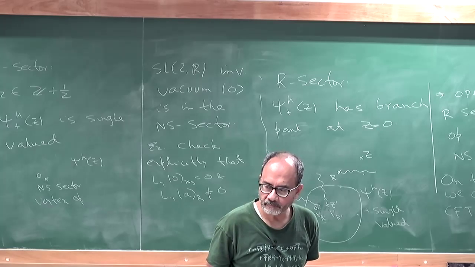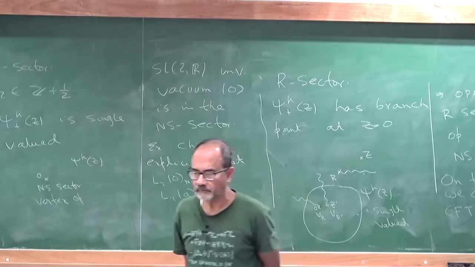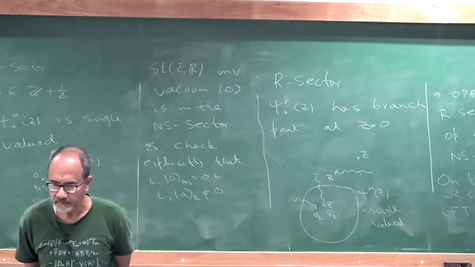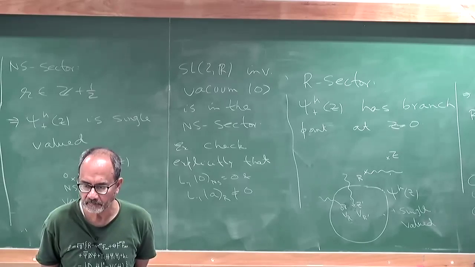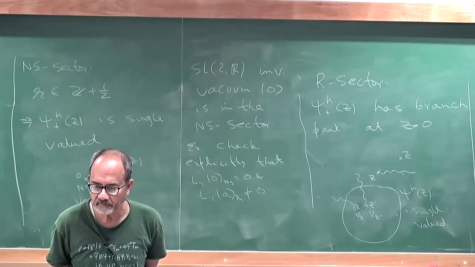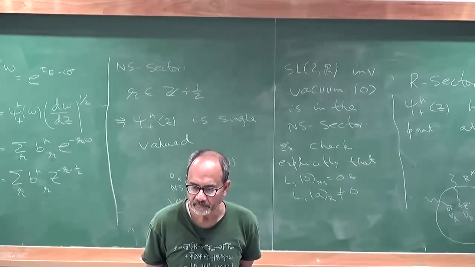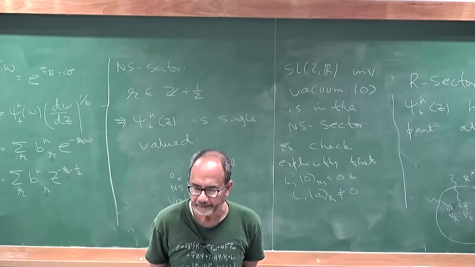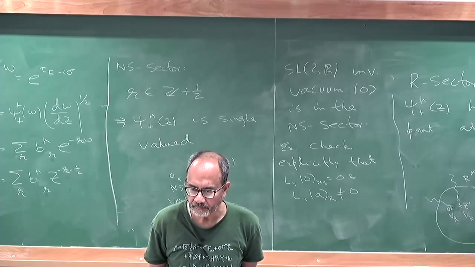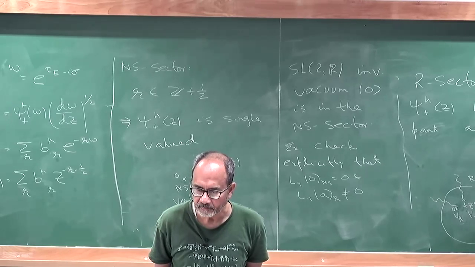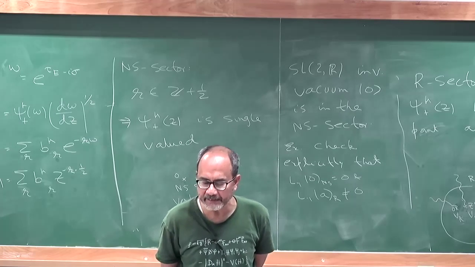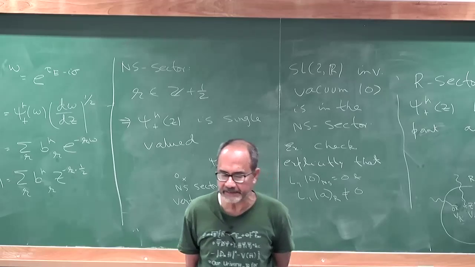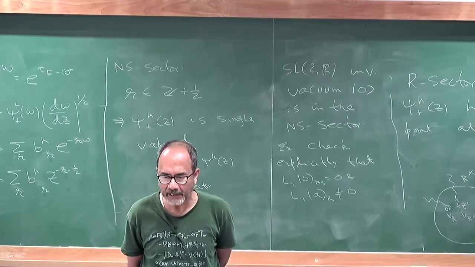But when you have 2D CFTs with fractional dimension primaries, like some of these minimal models, the Ising model, for example, which has dimension half. If you take the Ising model and represent it as a free fermion, psi, mu has branch points.